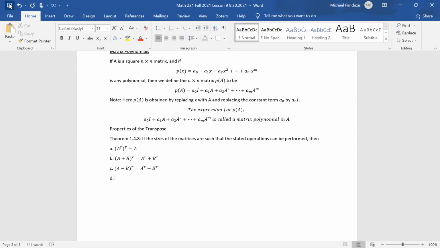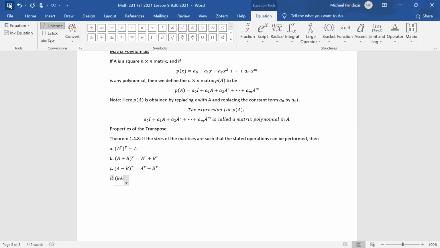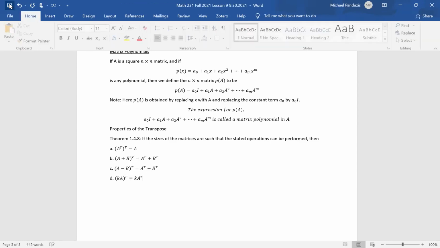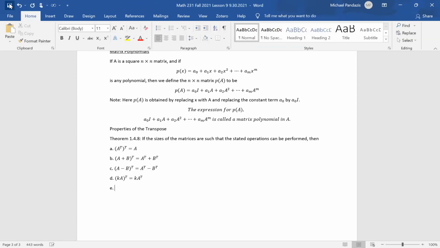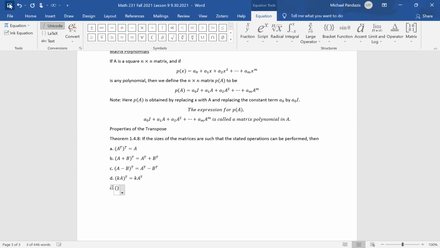D: If you take the matrix K times A and you take its transpose, it's equal to K times the transpose of A. E: If you take AB transpose, it's equal to B transpose A transpose.